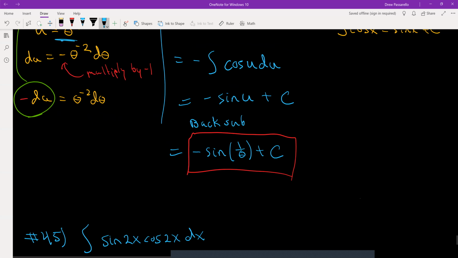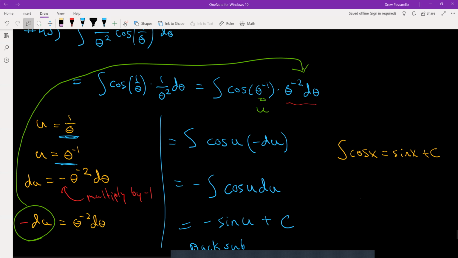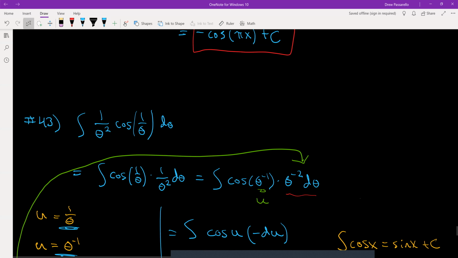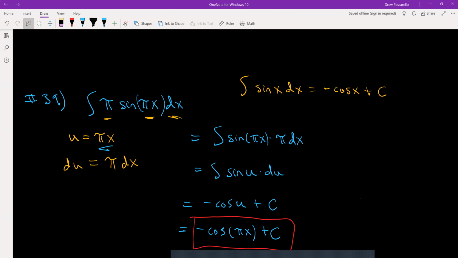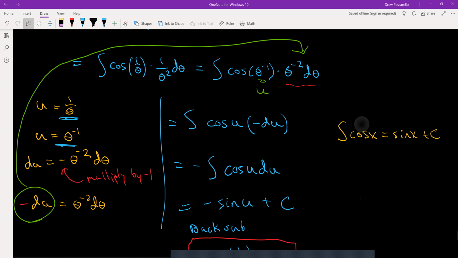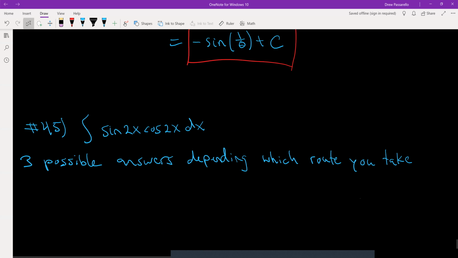Now the previous examples I was letting u be what's inside of, like the cosine was 1 over theta, I let u be 1 over theta, and then for sine of pi x, I let u be the pi x part. Now for this one, technically you can put the parentheses around these. If I let u be what's inside the parentheses, 2x, then du would be 2.